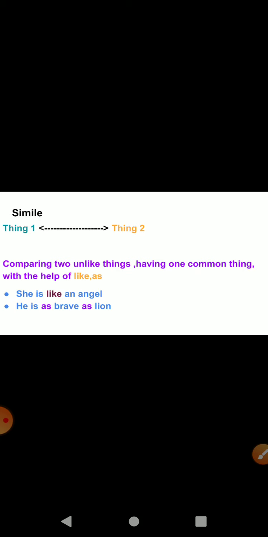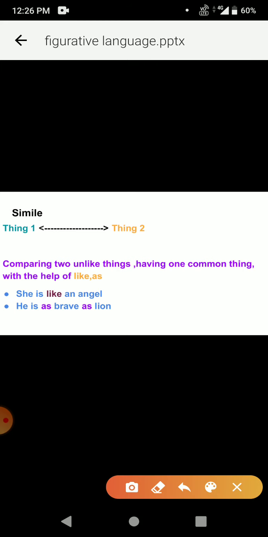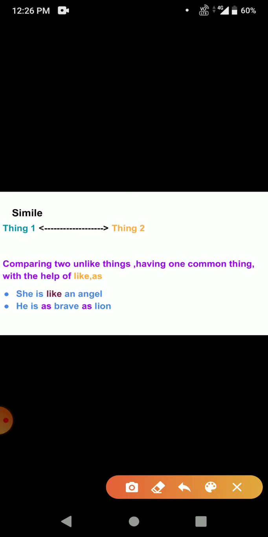So simile is a figure of speech used to compare two unlike things having one thing in common. So there is thing 1, and this is thing 2. They are different, but they have something, or we can say they have one thing in common.